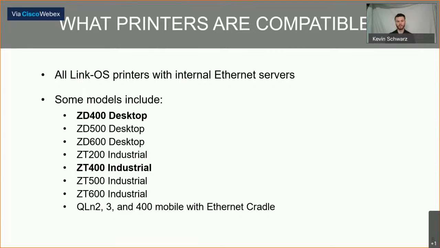Those would be your big metal case printers that have high print capacity. Other models include your ZD500, 600s, and then ZT200s, 500s, 600s as well. We also have a variety of accessories that go with these printers that can allow for standard peel, tear off, whatever type of attachment you need for these printers, we can also get.